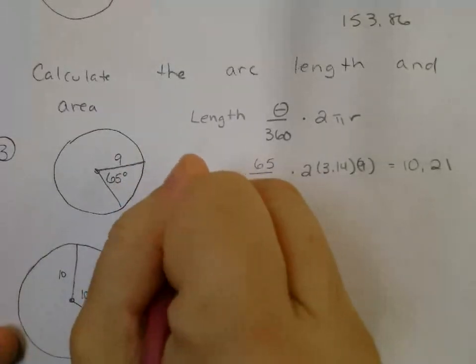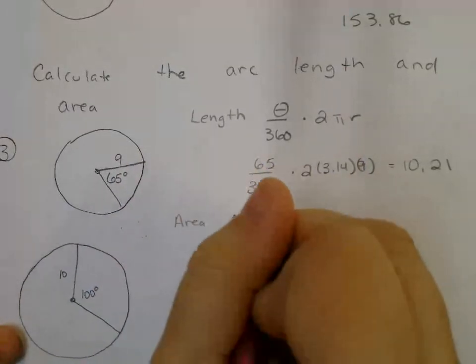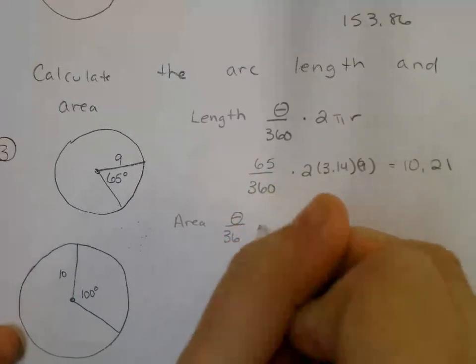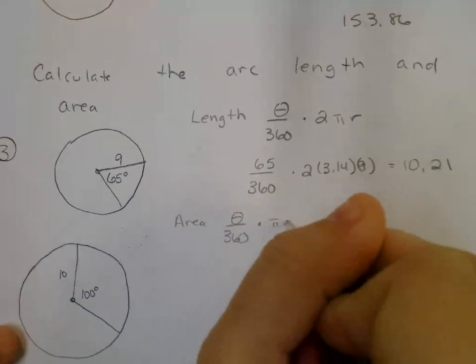Okay, now for area, you do the angle over 360 times pi r squared.